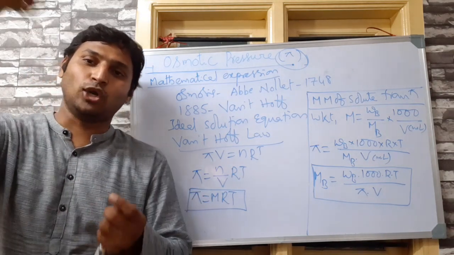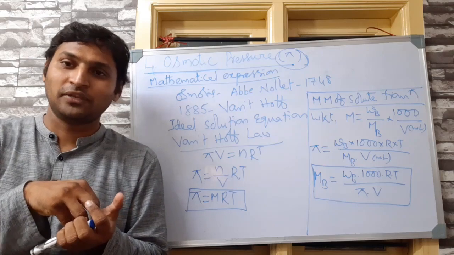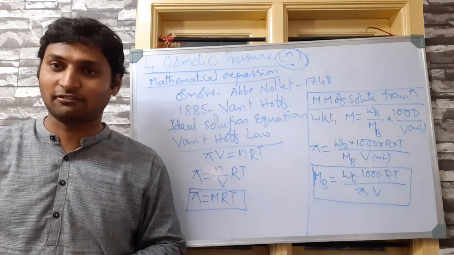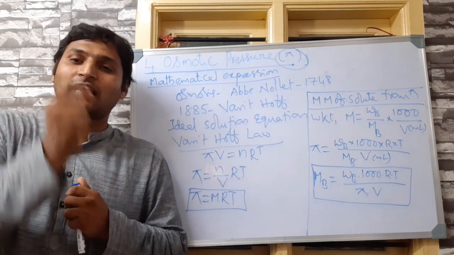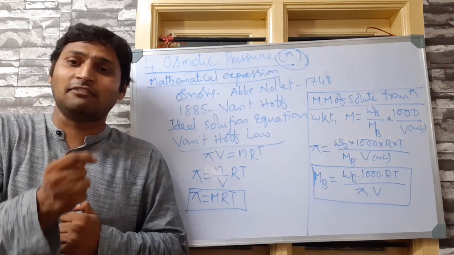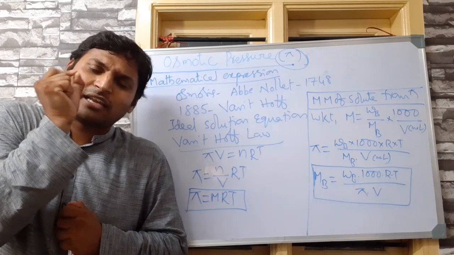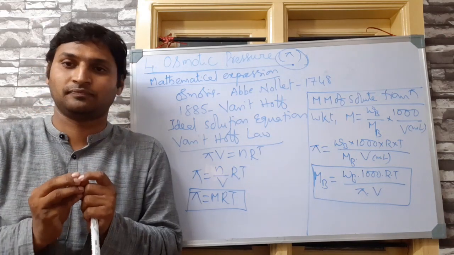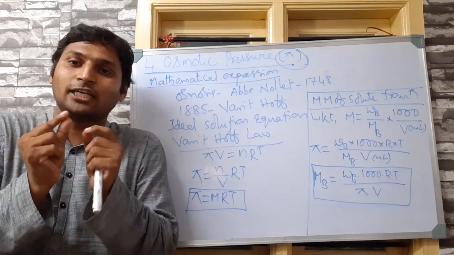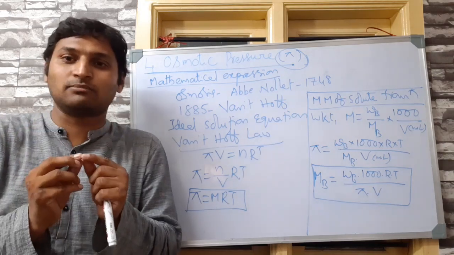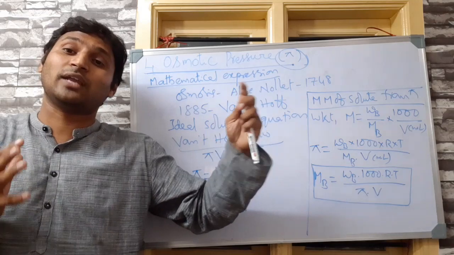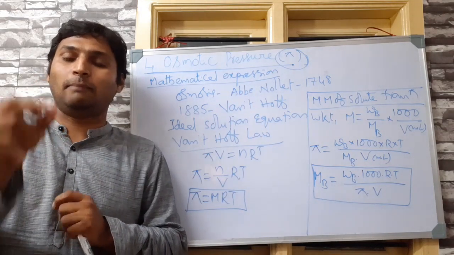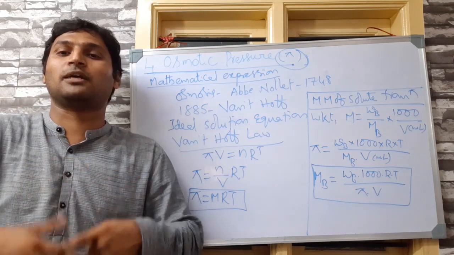If I prepare solution of that macromolecule and try to determine properties like RLVP or delta TB or delta TF, the values of RLVP or delta TB or delta TF come in very small magnitude, since the molar mass is very large. From such magnitudes, determining molar mass becomes very difficult.